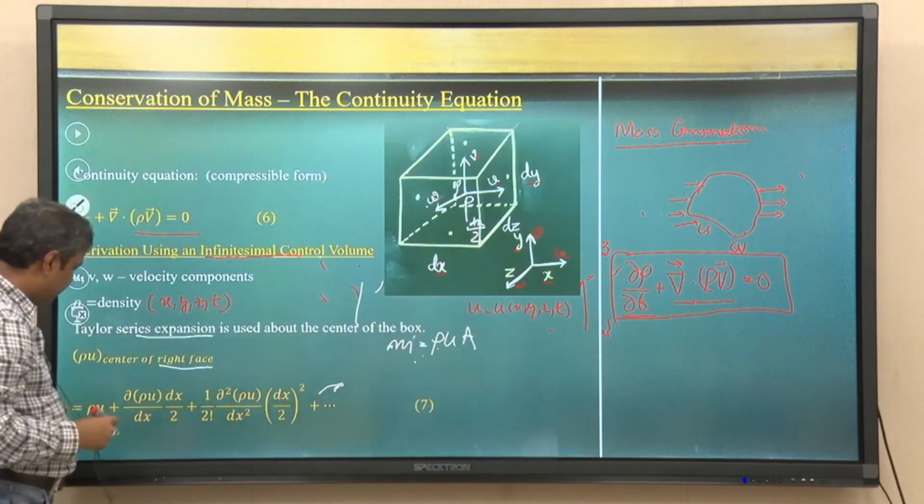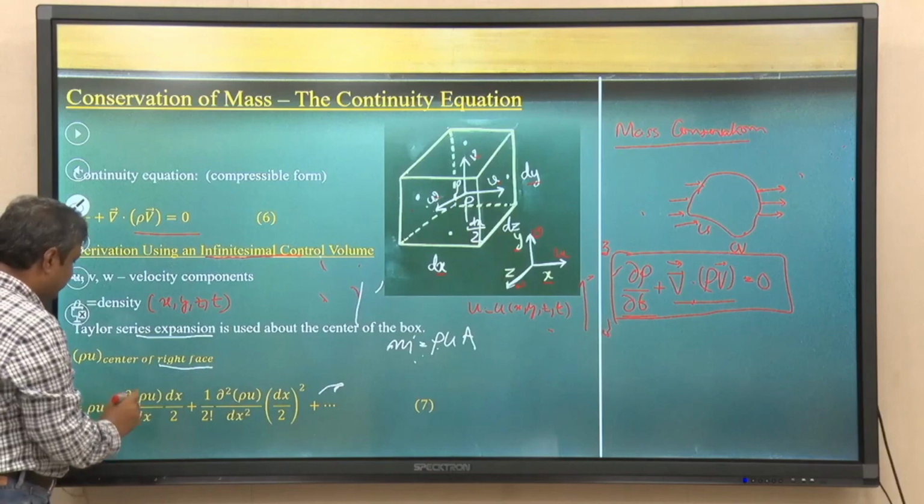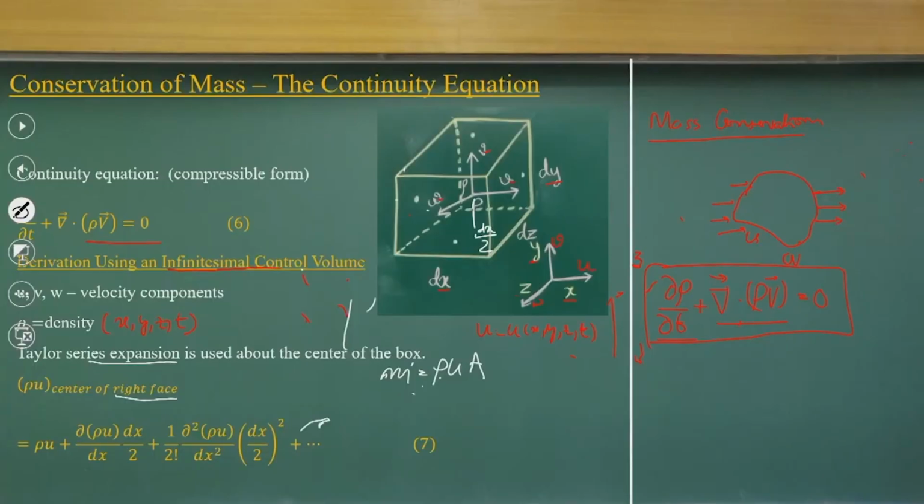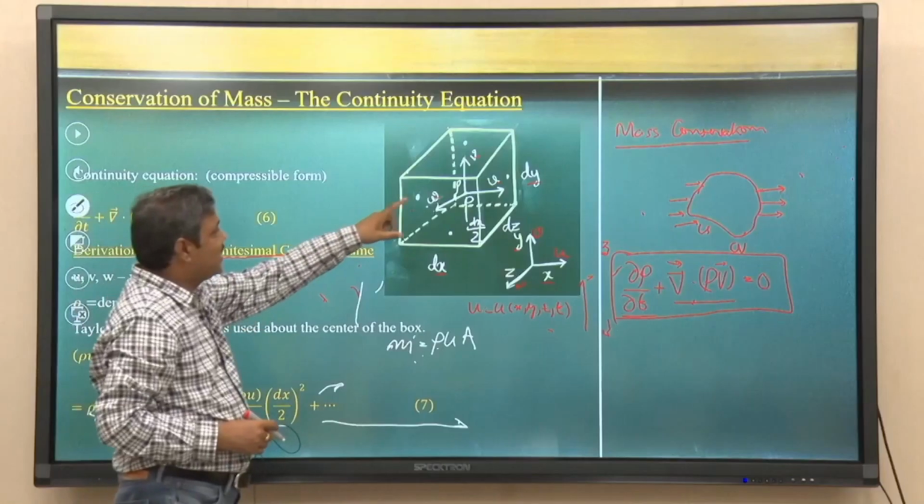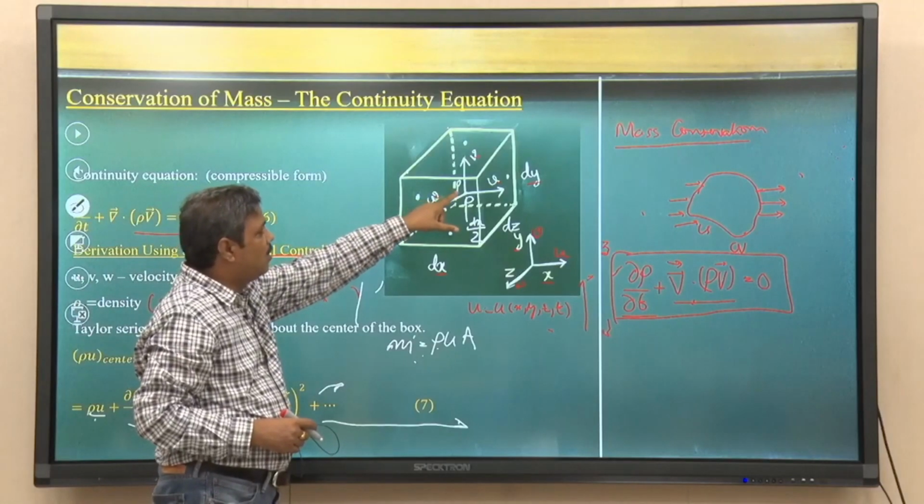If I apply the Taylor series, I will get it at the right face of the center. I will have the velocity, the first term, the second term and the third term like this, an infinite series from the Taylor series expansion.